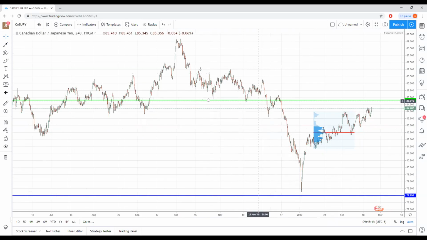So we can say that around this area, the majority of orders were to the downside. So the point of control is around this area, around 84.79. So we are seeing now price pull back around this point of control.